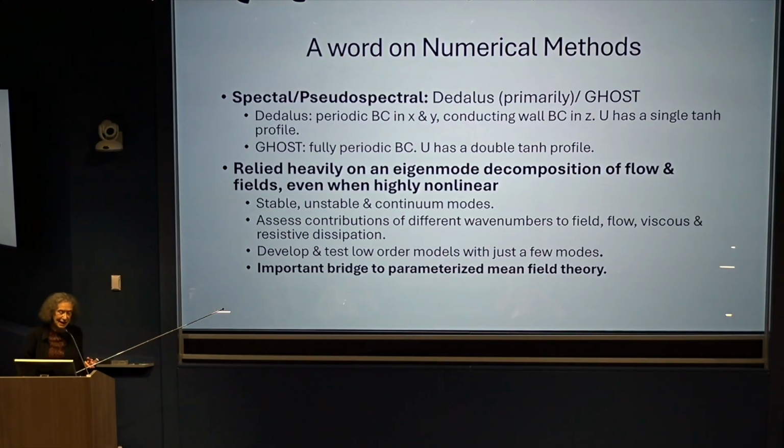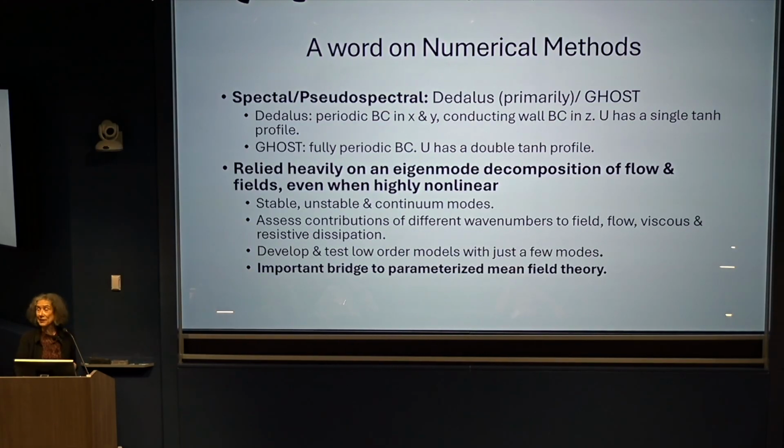Okay, so I'd like to say a little bit on numerical methods. Those of you who know me did not expect this, but because we use different methods than anything that's been discussed so far, I want to say a little bit about what we did. These calculations are done with a spectral code in one case, a pseudospectral code in another.